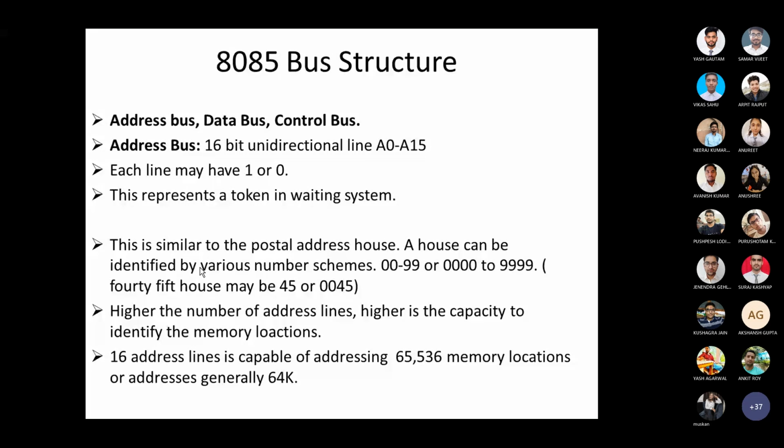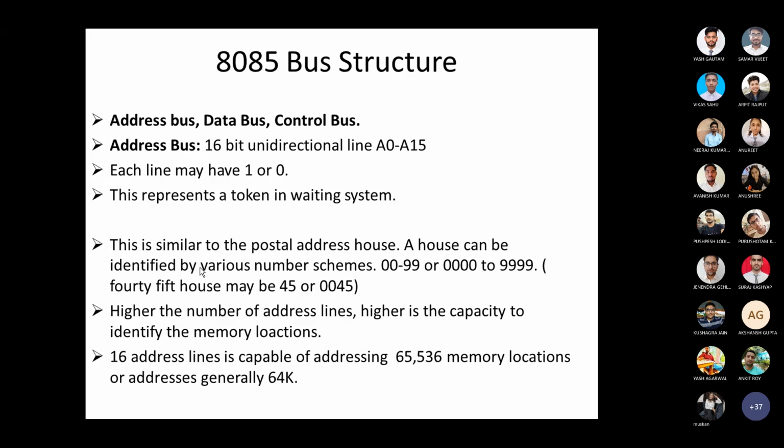In the same way, when a particular address is kept in the address bus, the information related to that is communicated to the data bus when there is a signal for memory read, or the particular data from the data bus will be stored in memory when there is a signal for memory write. So this is a type of token. Address bus provides the token.